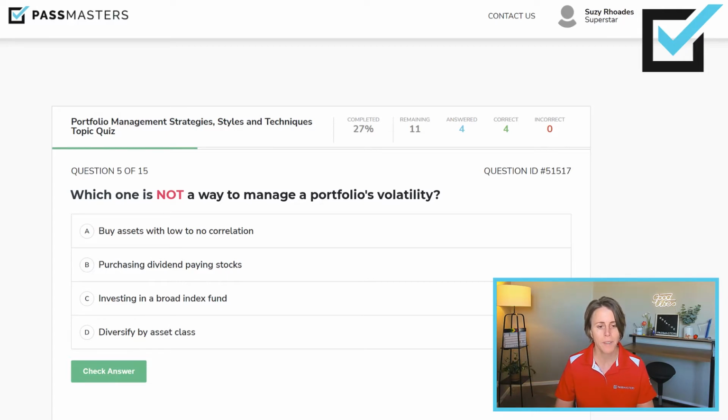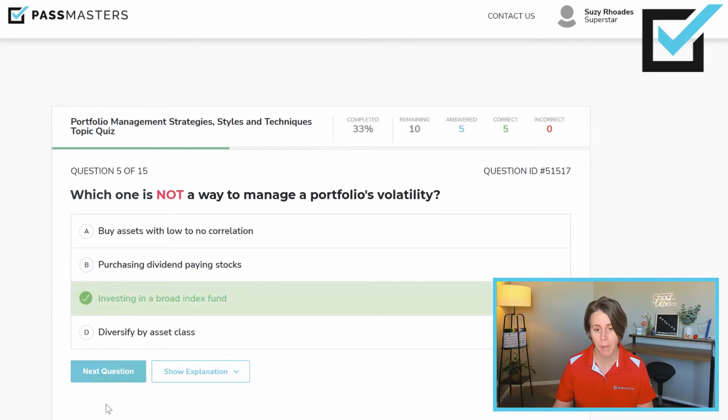So which one of these is not a way to manage a portfolio's volatility? Investing in a broad index fund would not be a way to manage a portfolio's volatility.